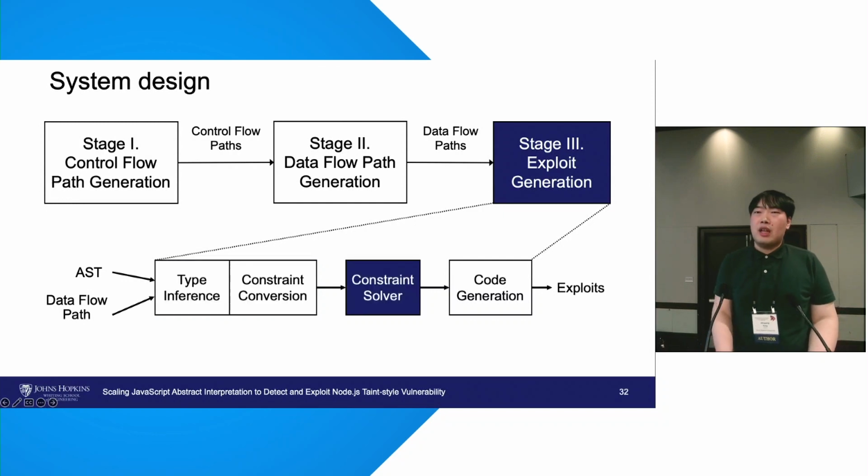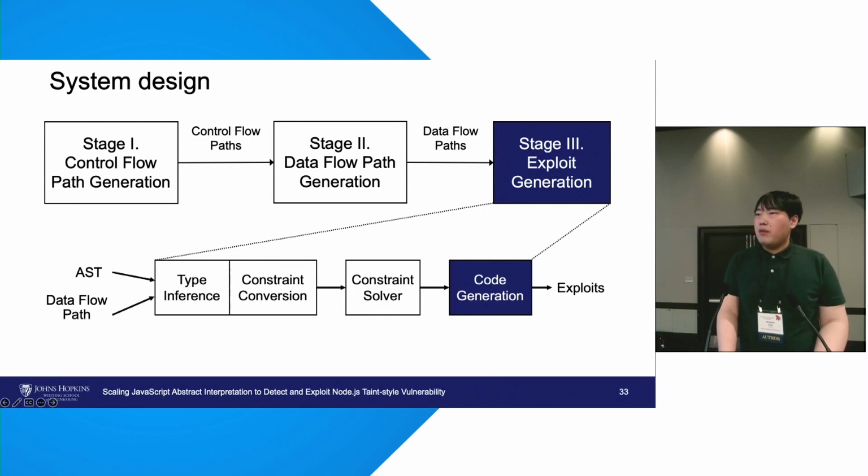Then we use a constraint solver to solve variable values. Here we use the Z3 solver. Finally, we can generate the code expressions and arguments with the solved variable values and other object relation information.